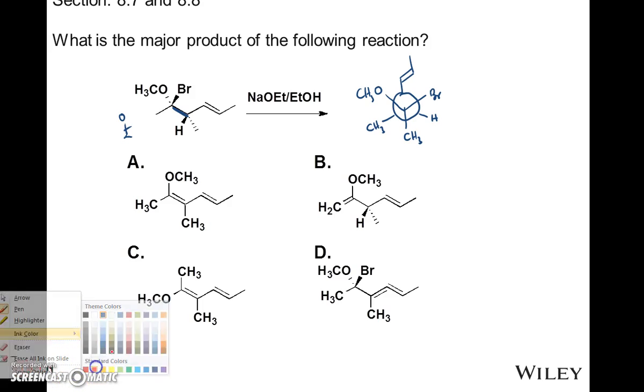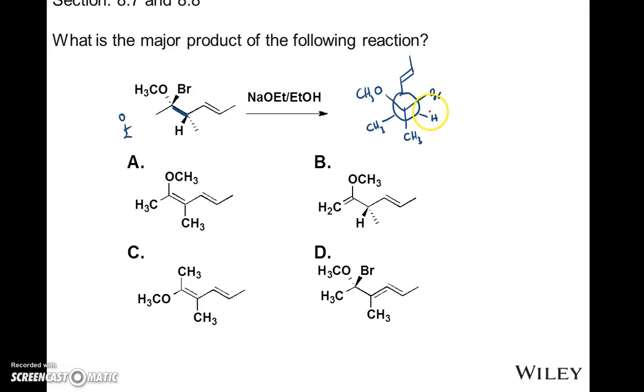So what you need to do is rotate, because this has to be anti-periplanar. So if you rotate it, then what happens? You leave the back carbon steady, and you rotate the front carbon.